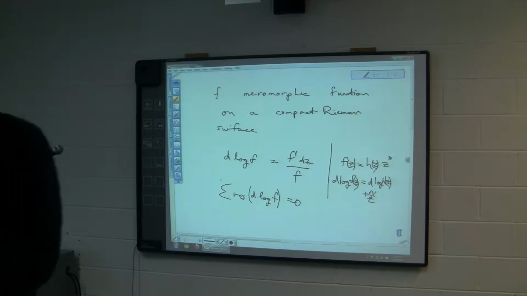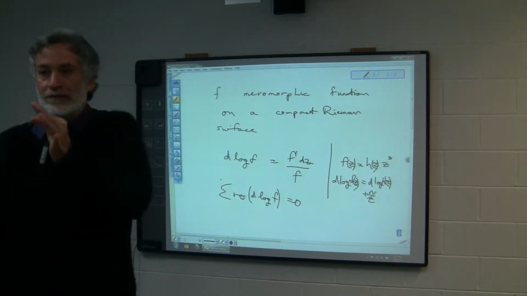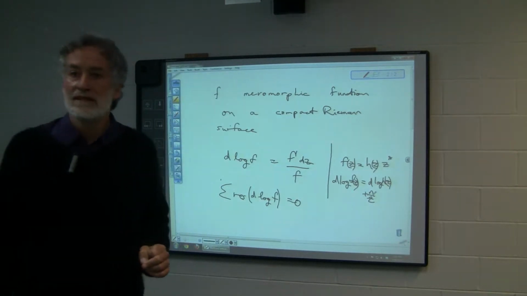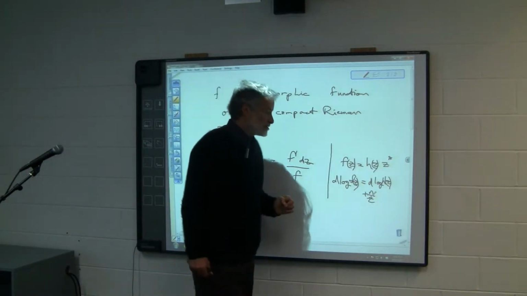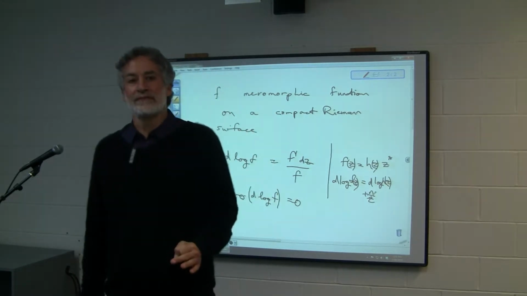First of all, it's an integer, and secondly, it's exactly the order of the 0 of the function f at the origin. Now all of these n's have to add to 0.